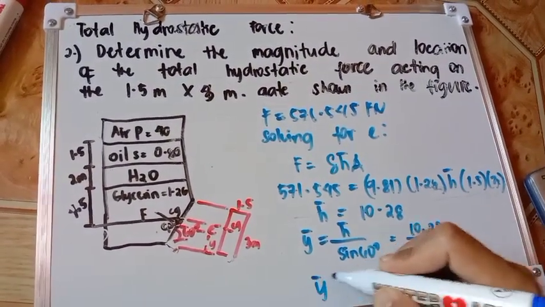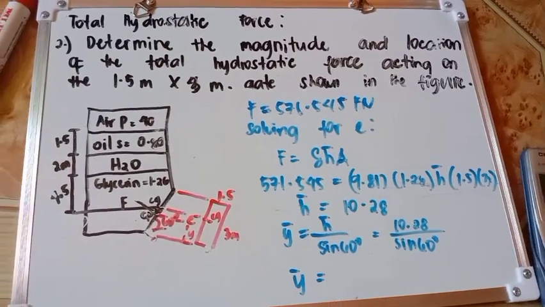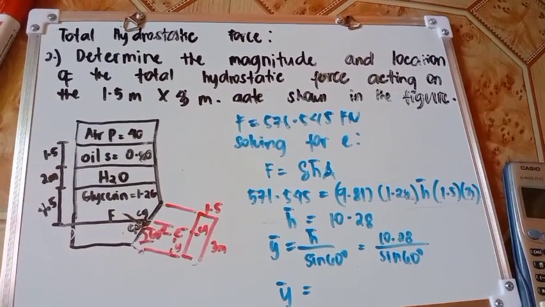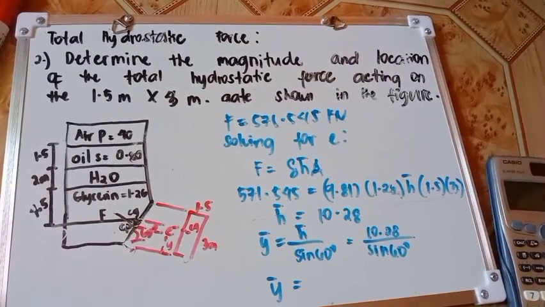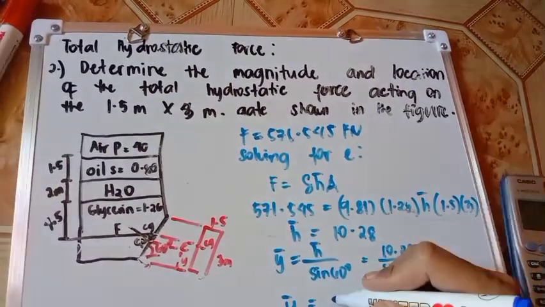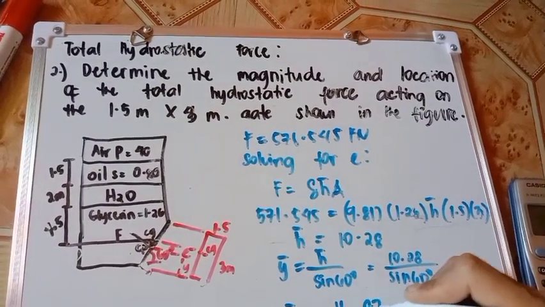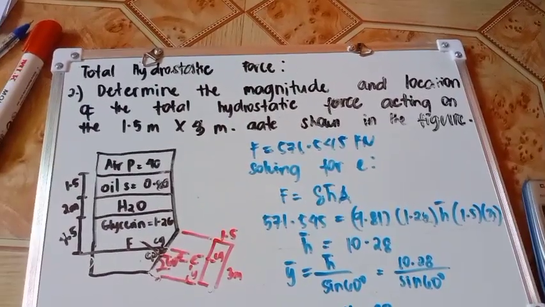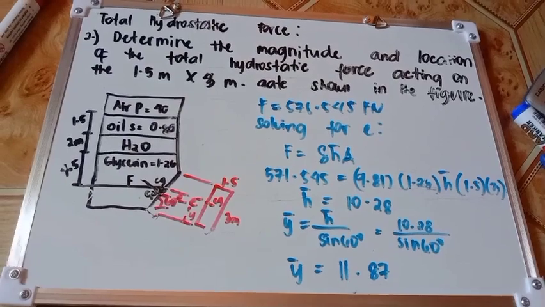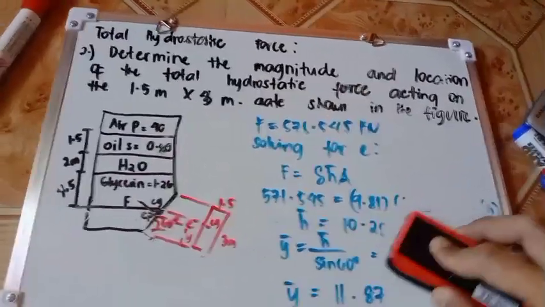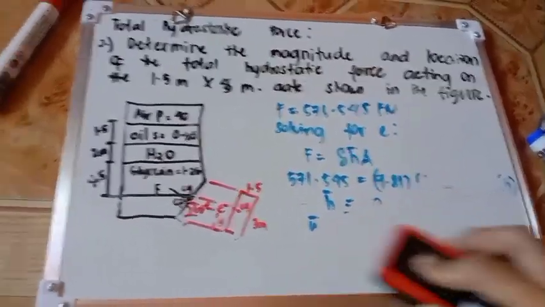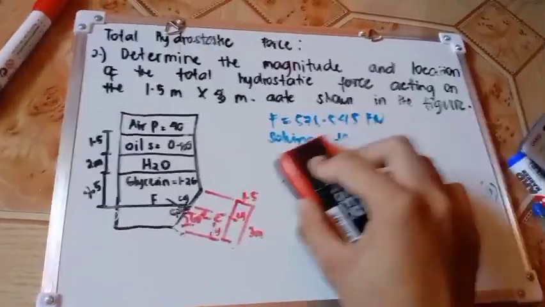So bar Y is equals to 11.87. So pwede ta mo proceed na sa kuha sa E. Atong bar Y is 11.87.